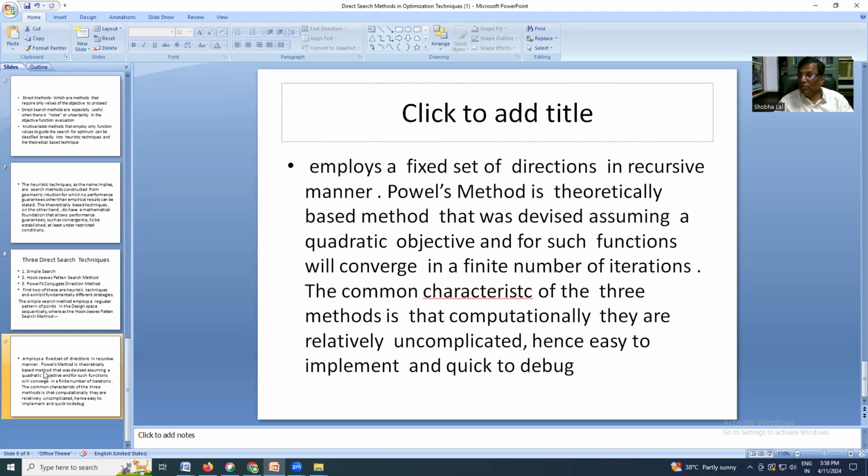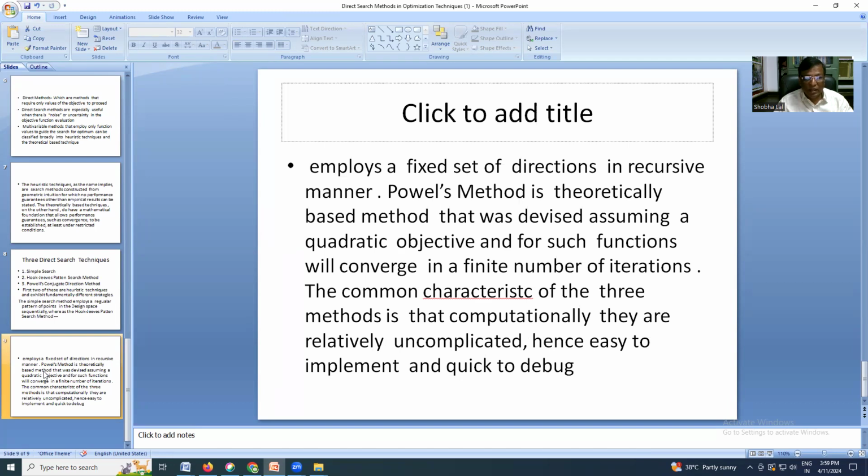Because your basic target is what? To optimize the problem, to optimize the function, either by taking a negative function or by using the differentiation of the function, by taking the first derivative or the second derivative, as we have already discussed in the previous lecture.